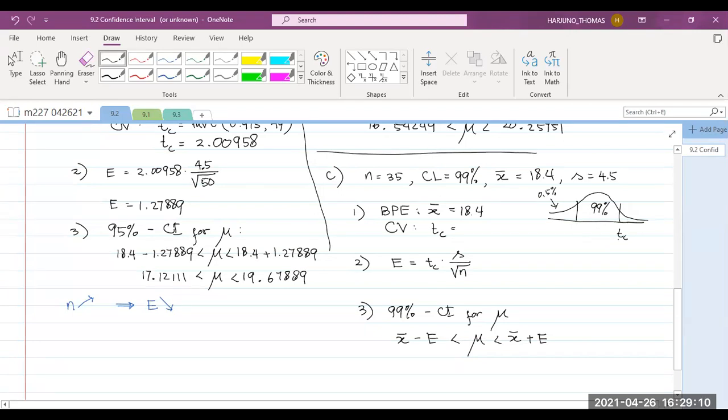So the area to the left of that critical value will be 0.5% plus 99%, that's 99.5%. So T critical will be inverse T of the area to the left, 0.995. Degree of freedom will be 1 less than the sample size, so 35 minus 1, that's 34.